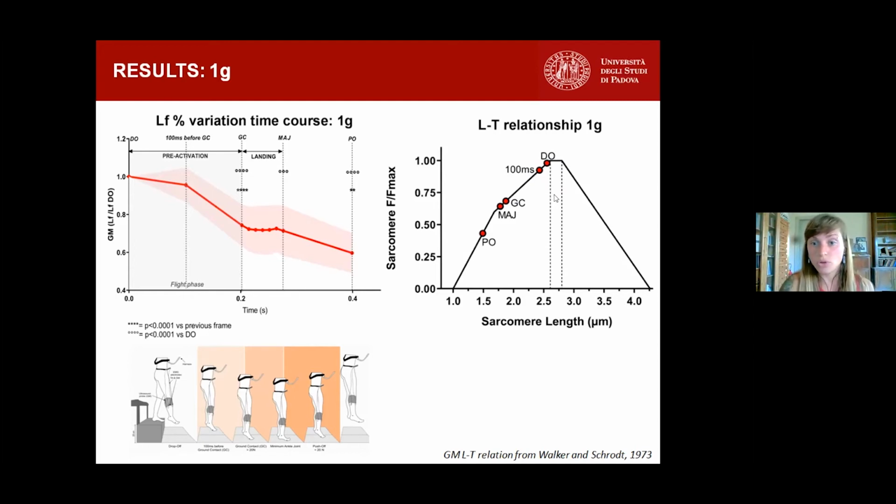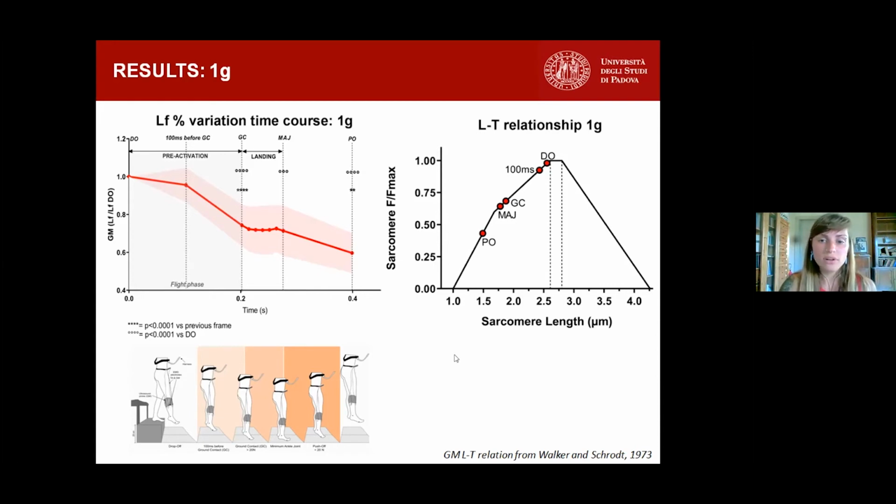What really caught our attention was that at push-off, the moment just before rebounding, sarcomere lengths were extremely short, about 1.5 micrometers, a length at which we know that the contact between the Z line and thick filaments limits the amount of force that the sarcomere can produce, which you can see is about 40%.